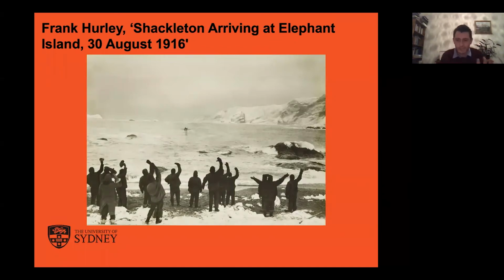So it still shows Elephant Island in Antarctica. It still shows the conditions these men faced, the equipment they were wearing, and it shows the moment that Ernest Shackleton left to go and seek help. And the fact that it's not what Hurley said it was also makes it useful for historians, because it does show that the evacuation of the island was rushed and chaotic, and that Hurley didn't have time to photograph that scene, but that he was under commercial pressure to take a photo of that dramatic moment when they were rescued.